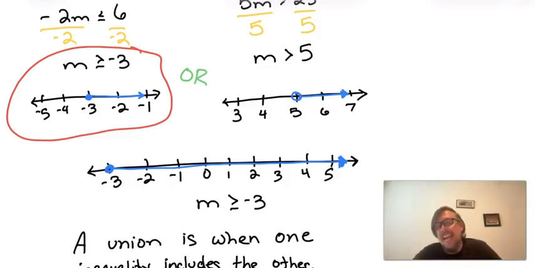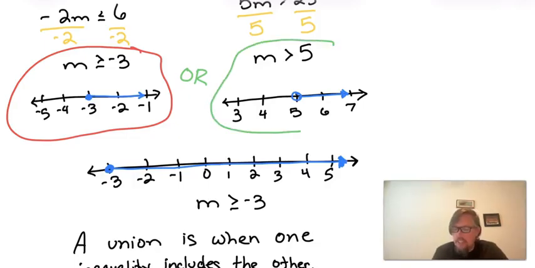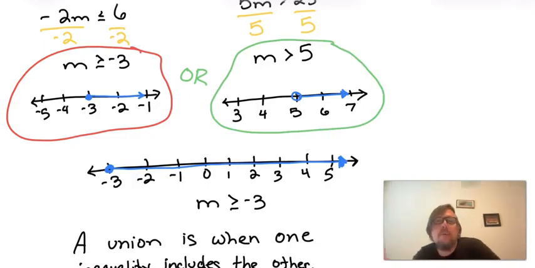Now, if this was an AND problem, greater than or equal to negative 3 and greater than 5, then it would be the opposite. It would be just this. It would have to be where they overlap, and they only overlap once I get above 5. So then it would be just the right part. An OR problem, though, one or the other, it's the left side. So you've got to be careful with the wording.